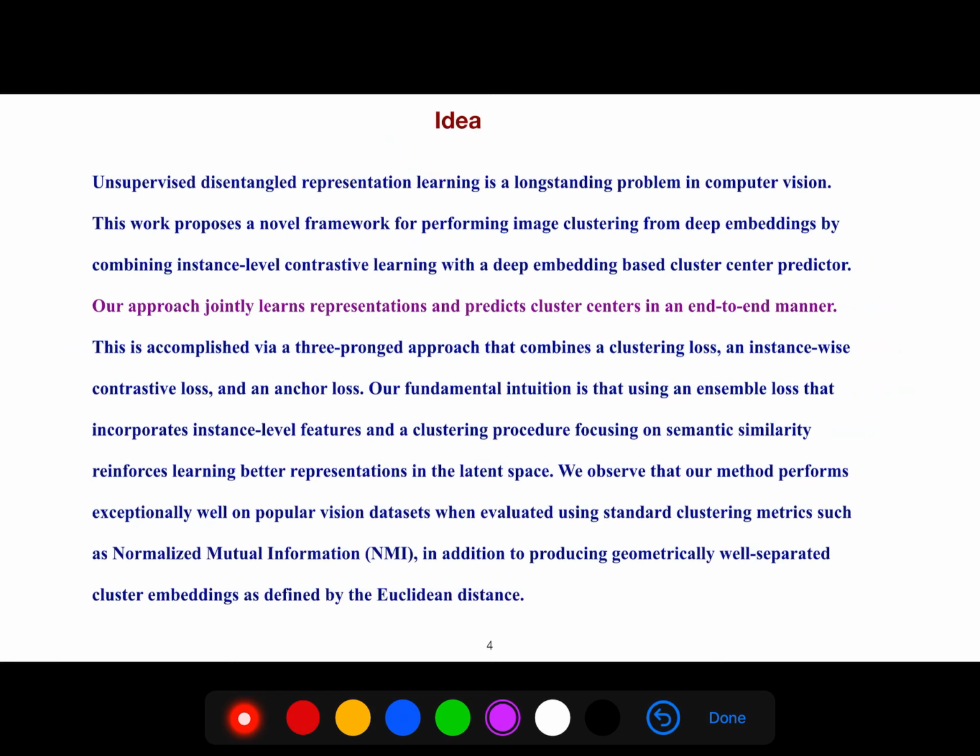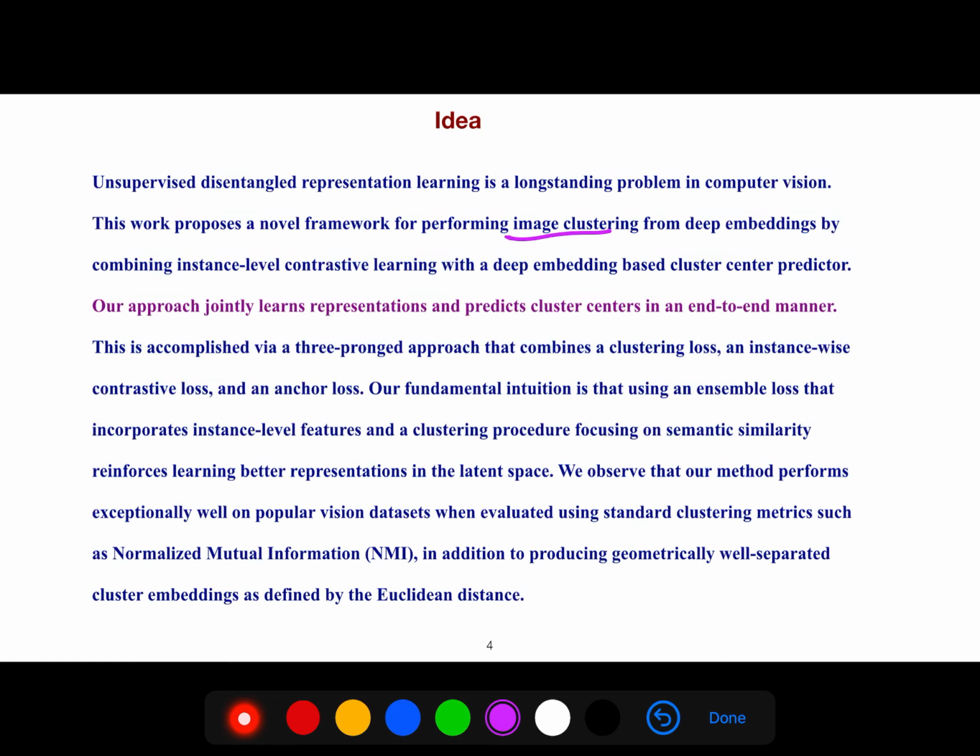Unsupervised disentangled representation learning is a long-standing problem in computer vision, but this work proposed a novel framework for performing image clustering from deep embeddings by combining instance-level contrastive learning with a deep embedding-based cluster center predictor.